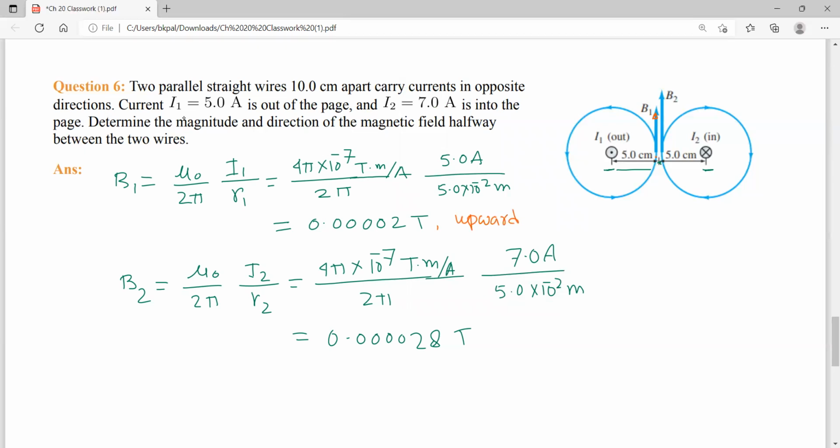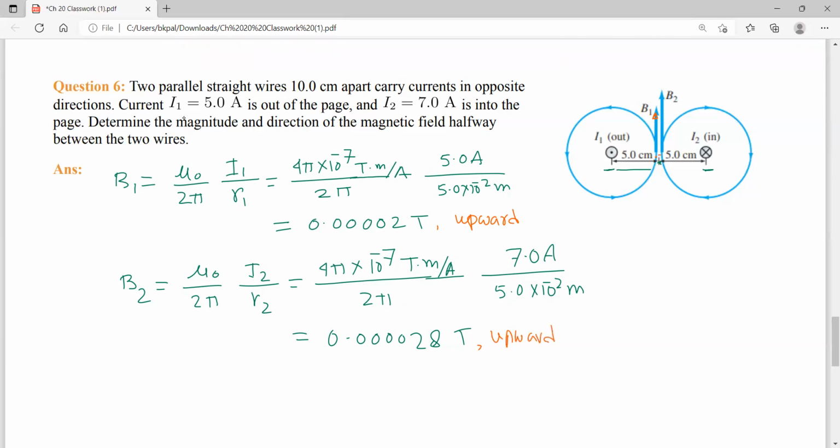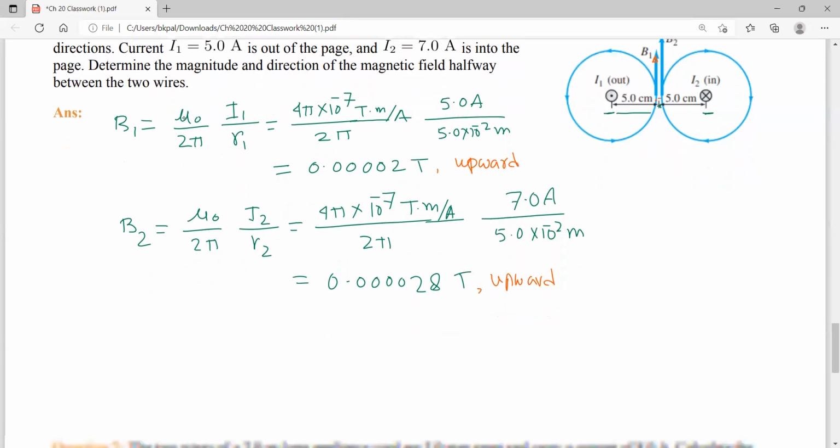And the same thing by using the first right hand rule, you can show that the direction of B2 at this point is again upward. So both directions are the same, that means upward.